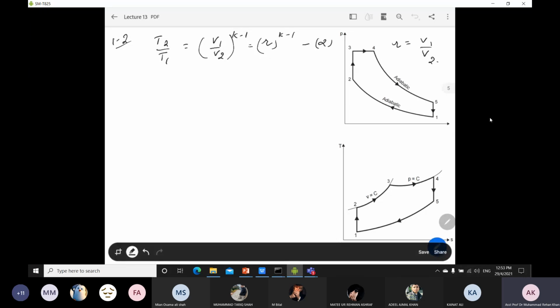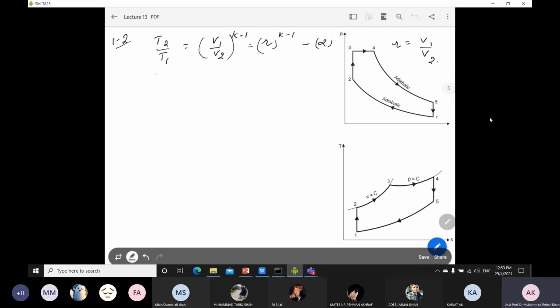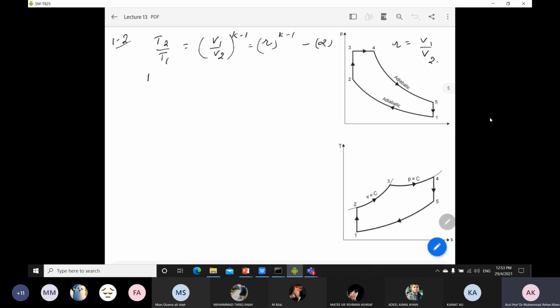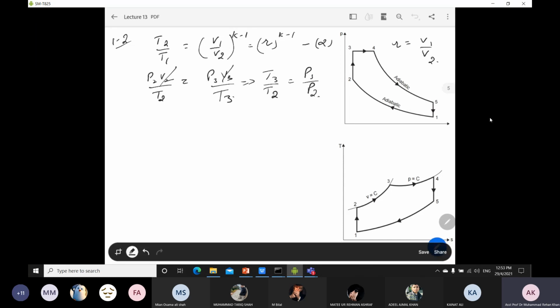Now from point 2 to 3, we know it is a constant volume heat addition process. So we can say P2 V2 over T2 is equal to P3 V3 over T3. As it is a constant volume process, I eliminate the volume, and it turns out to be T3 over T2 is equal to P3 over P2. Here we have to add another term in comparison to the diesel and Otto cycles.